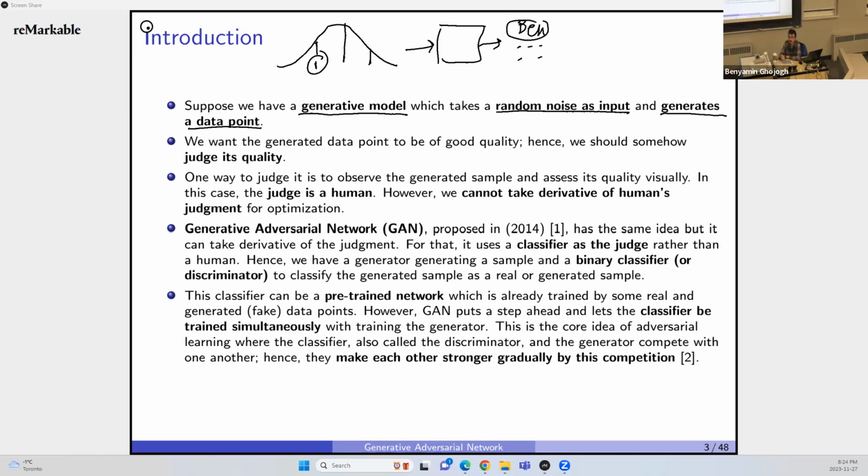This is a generative model. We have a bunch of generative models, such as variational autoencoders, adversarial networks, adversarial autoencoders, and diffusion models.